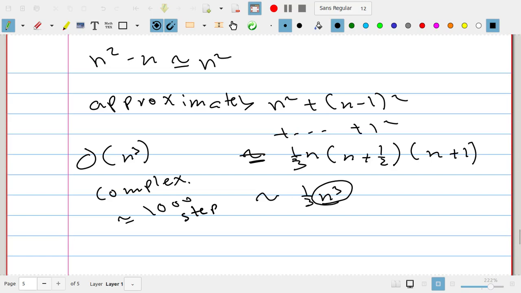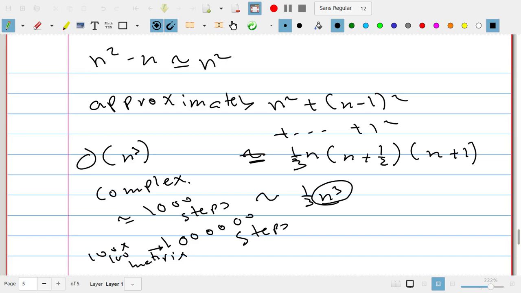For a 100 by 100 matrix, that would become 1,000,000 steps. Notice how the number of steps just blows up as you increase the size of the matrix.